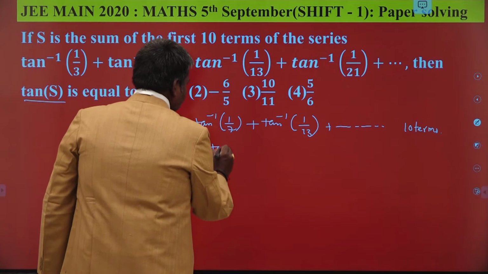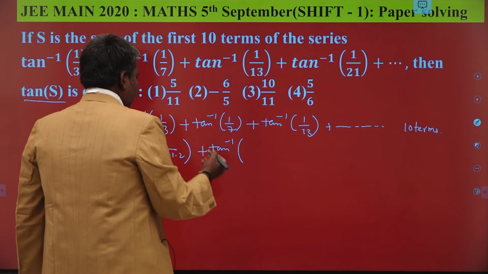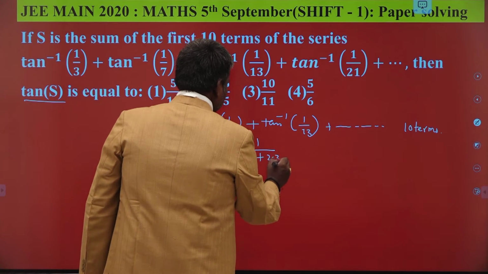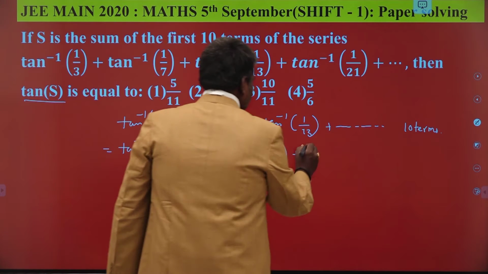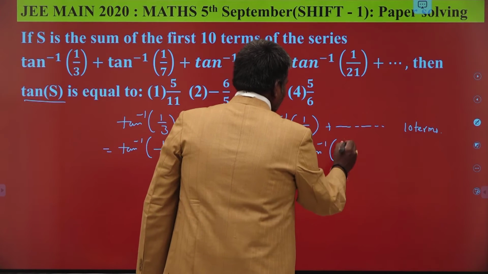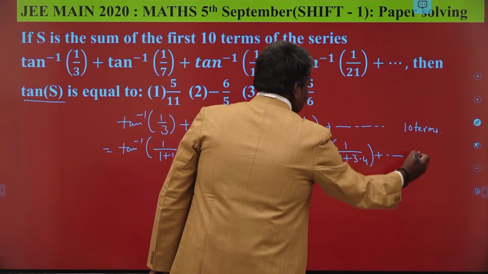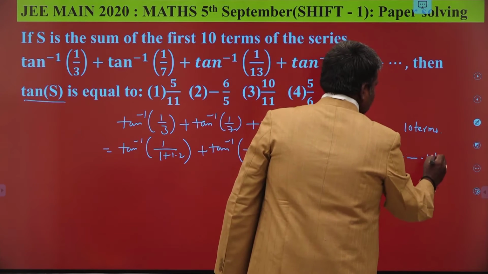Plus tan inverse of 1 by 1 plus 2 into 3, plus tan inverse of 1 by 1 plus 3 into 4, and so on up to 10 terms. This is the logic.